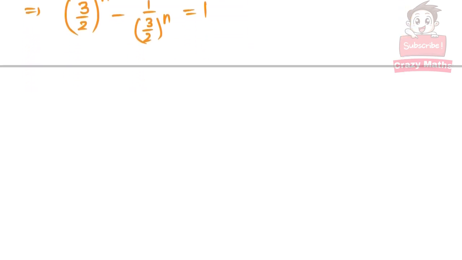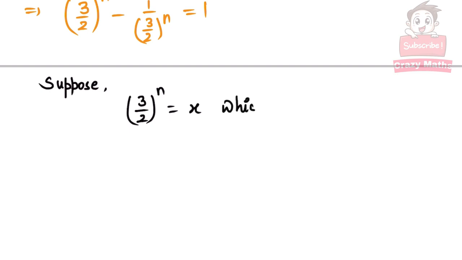Next, we could write, suppose 3 upon 2 power n equal to x. X could never be 0 because it has positive values here. 3 and 2 both are positive integers.